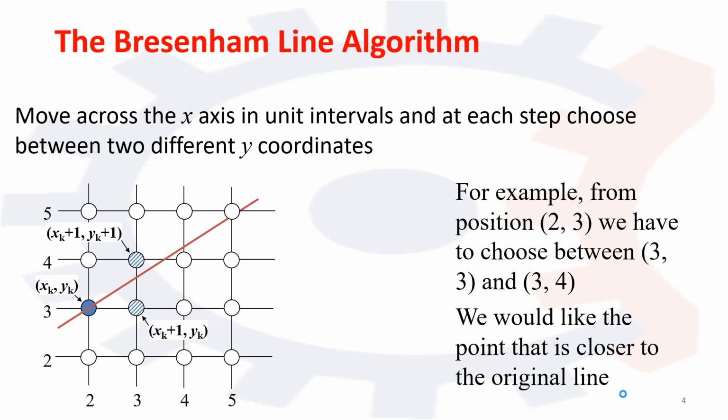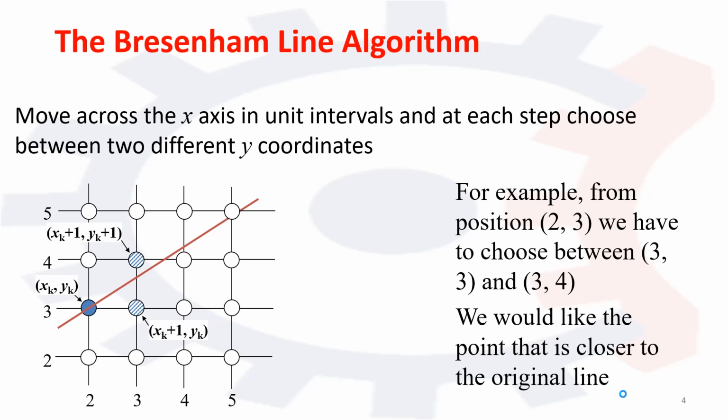Here we take the Bresenham line algorithm starting from the point x1 y1. Say the position of a point is 2 and 3. We select one pixel whose position is 2 and 3. Then we choose between the pixels 3 3 and 3 4. Which one is closer to the original line?